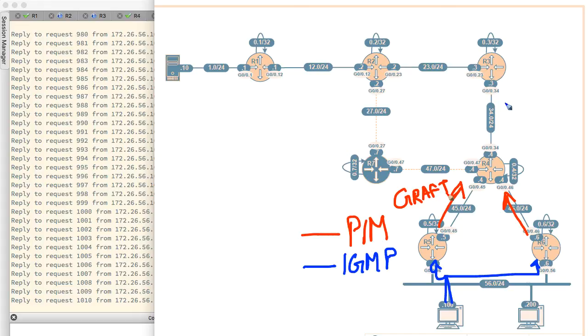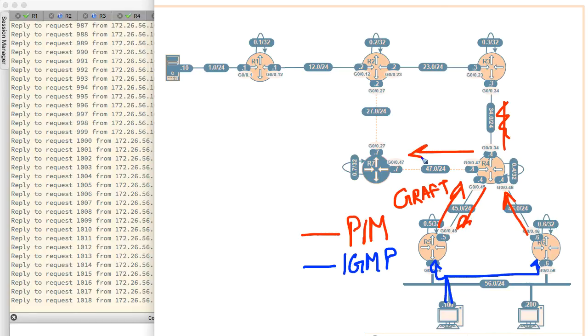They should have grafted, they should have gotten a Graft-Ack back, and then the grafting process should have happened all over the place. So let's take a look at whether this grafting has actually happened here.